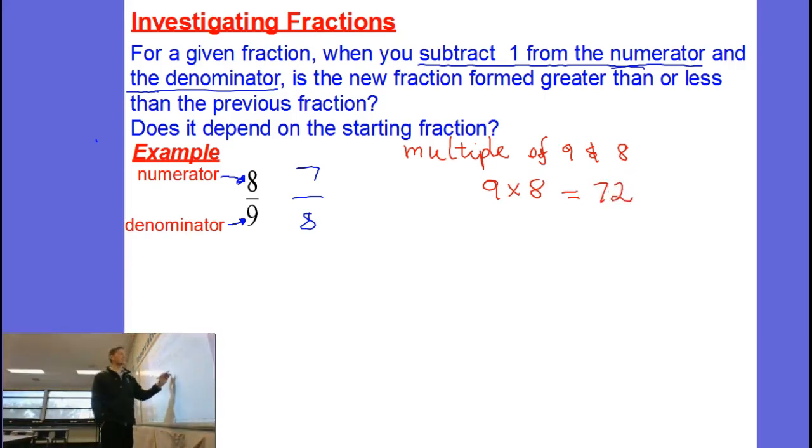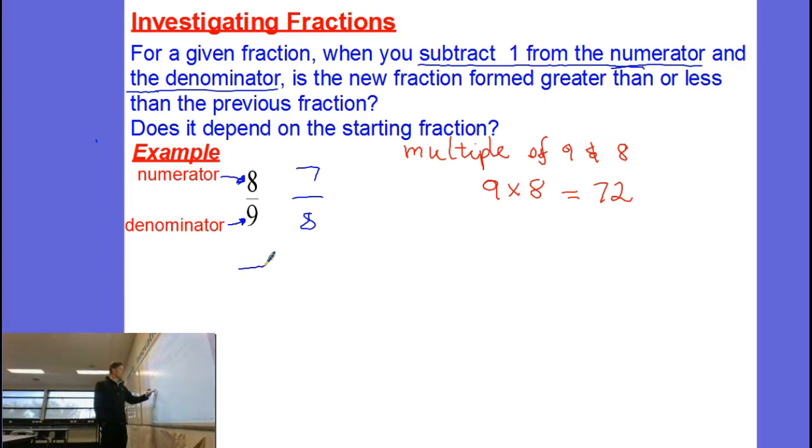So both 9 goes into 72 and 8 goes into 72 equally. So from that, can we now form equivalent fractions of 8/9 and 7/8?